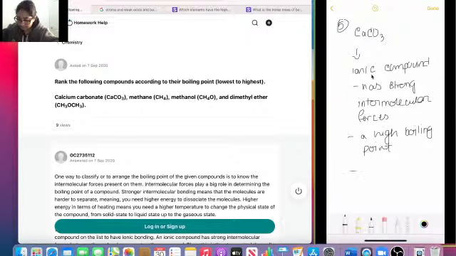Ionic compounds have one of the strongest intermolecular forces, so you can say that this is the strongest of them all, and this has the highest boiling point.